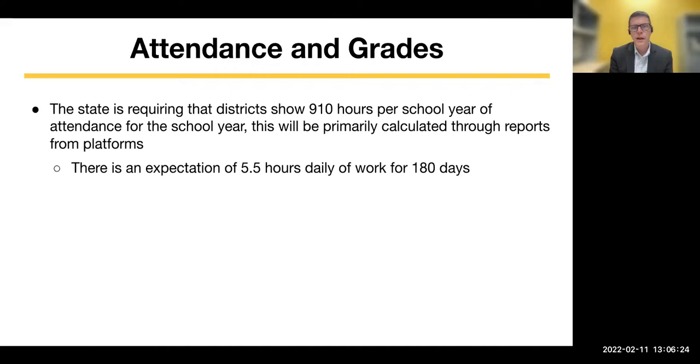So there's an expectation of roughly 5.5 hours daily of work for 180 school days. So kids are expected to work in this setting, and we're expecting to see that effort of 5.5 hours daily.